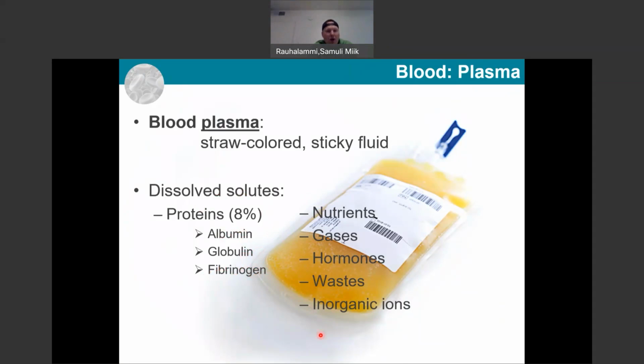We do have other materials that we discussed earlier: nutrients, gases, hormones, wastes, and then a group where I put the rest, inorganic ions, that are carried with the plasma. So a lot going on there, but if you want to simplify, maybe oversimplify, it is a sticky-ish fluid, thicker than water in its appearance and viscosity, where everything else, all those formed elements, are located.